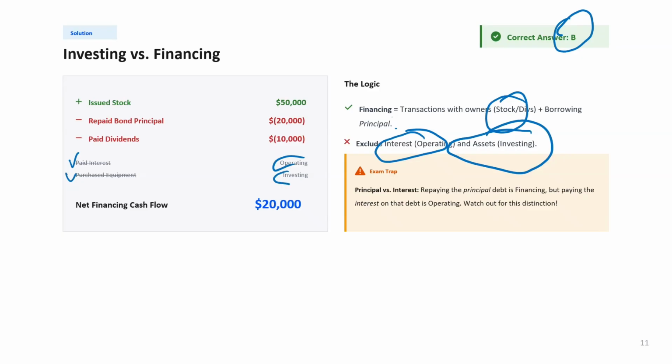And when we look at the numbers, issue stock of $50,000, they repaid bond principal, so $20,000 cash outflow, and paid dividends, which is the payment to investors. It's part of the financing activities. 20, 10, 30, 50 minus 30 is 20,000.